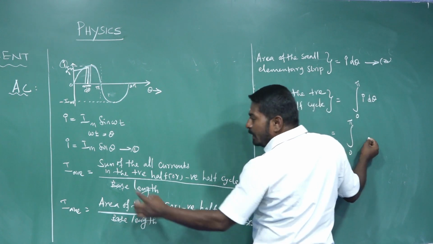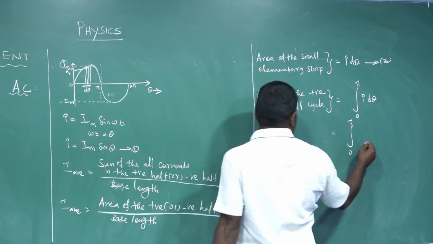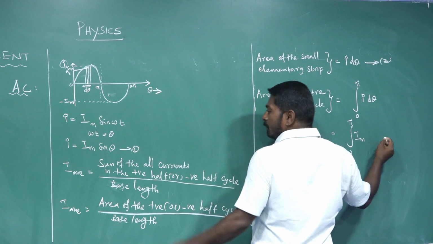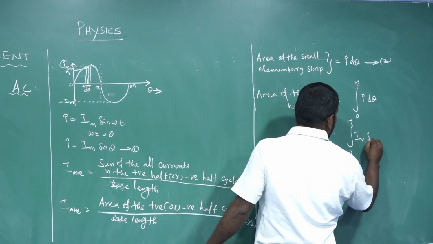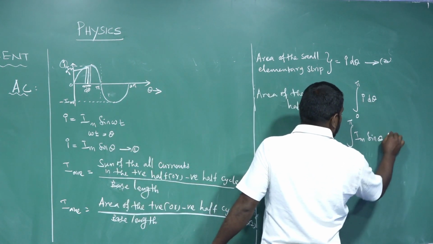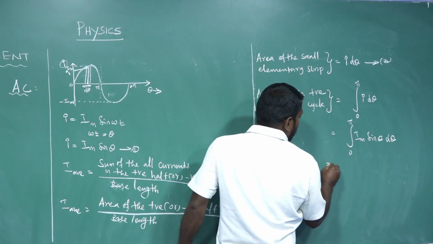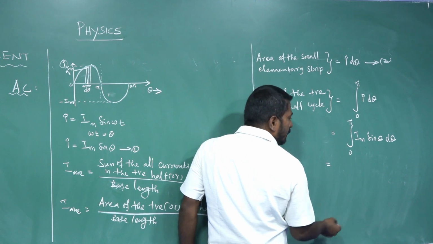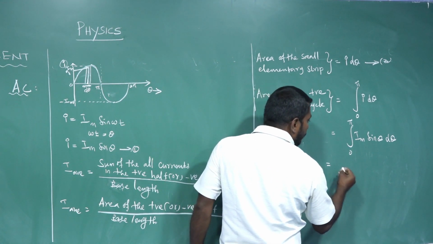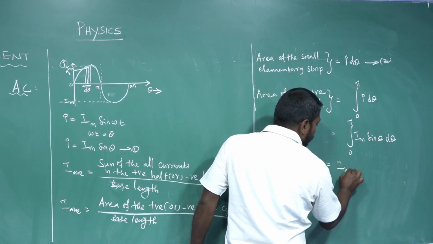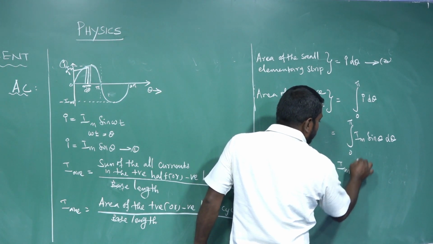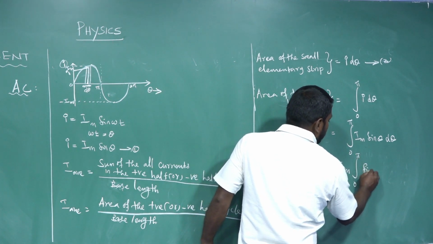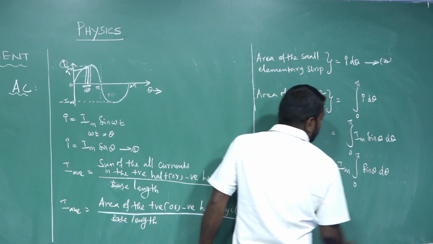The instantaneous value of alternating current is Im sin theta, times d theta. Here the amplitude of alternating current, Im, is a constant, so it is taken out of the integration. Integration from 0 to pi of sin theta d theta.